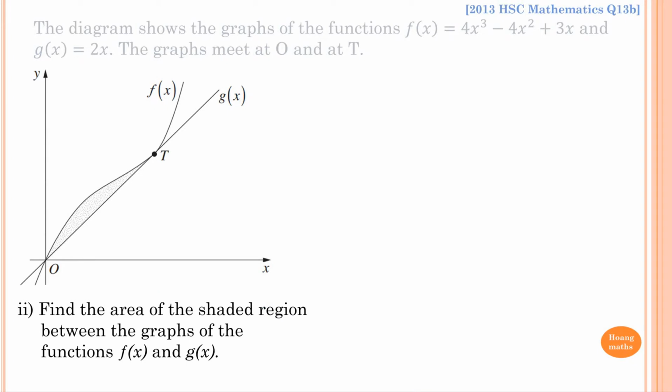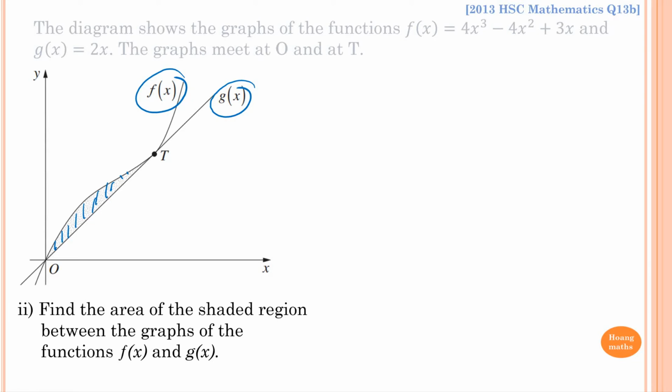Part 2. Find the area of the shaded region between the graphs of the functions f(x) and g(x). So we just need to find this area here. We know that f(x) is the curve above g(x). So first of all, we need to find f(x) minus g(x).